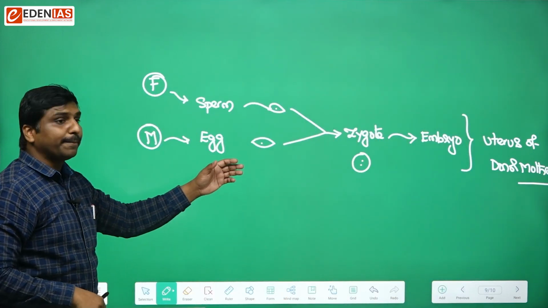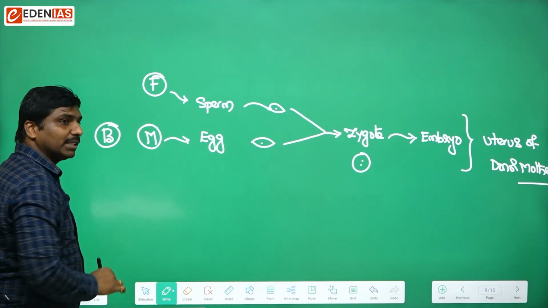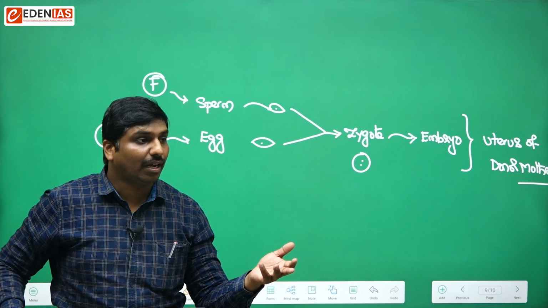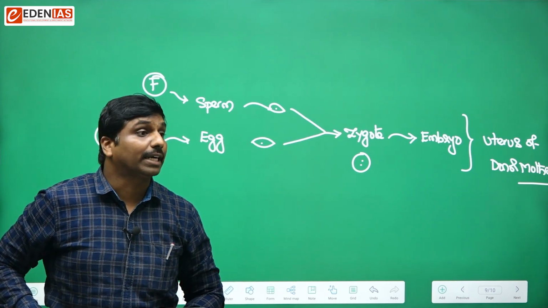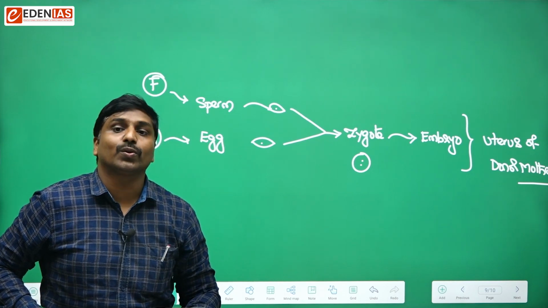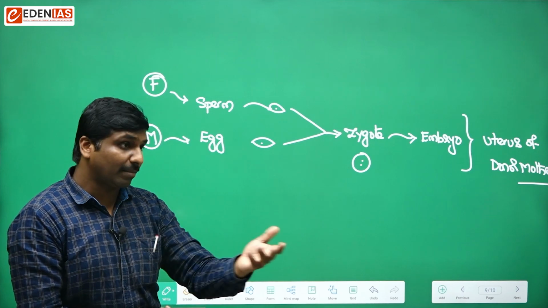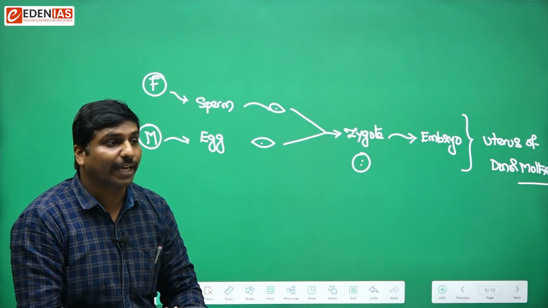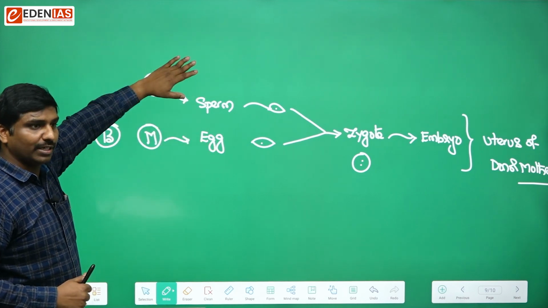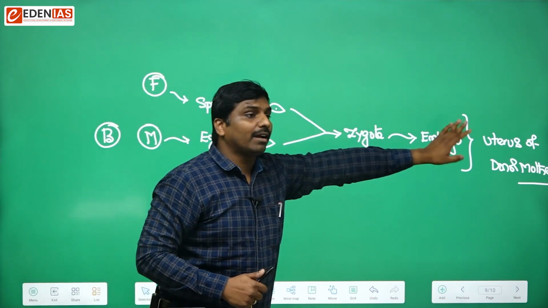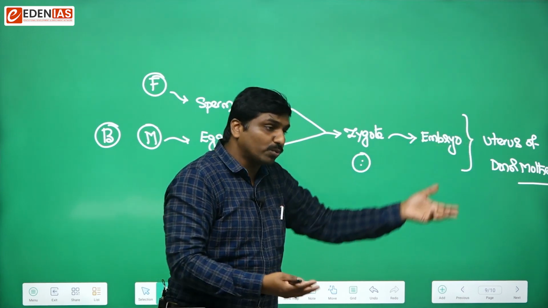Here the biological mother may have some issues, or nowadays it has become a fashion to avoid postpartum consequences. To escape some sort of postpartum changes, it became a fashion, and that's why it is now regulated. Here the biological parents are two parents, but there is one donor mother whose uterus is used to develop the baby.